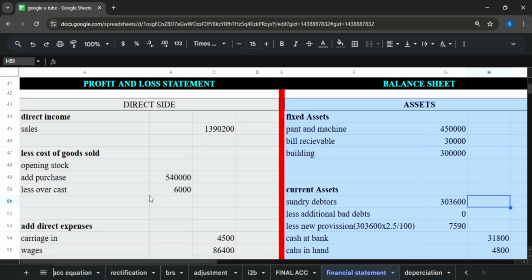So first of all, we are going to solve our cost of goods sold, where opening stock was not present, purchases are present, no returns are present, closing stock is not present. This just overcasted 6,000 we will subtract. In this way, cost of goods sold is ready. Since sales are present but returns are not present, these sales would be considered net sales.